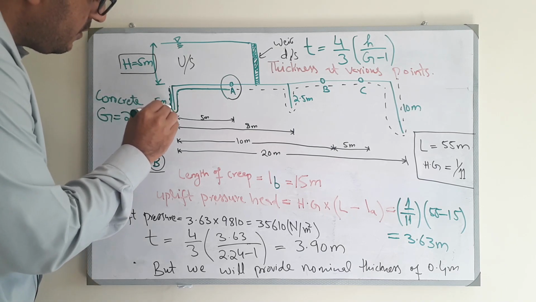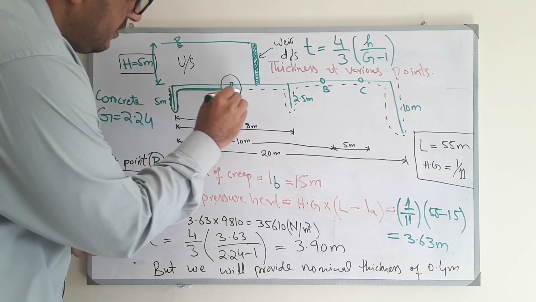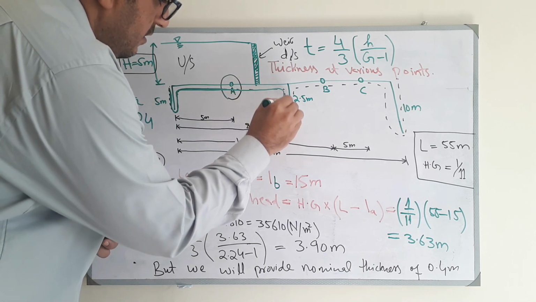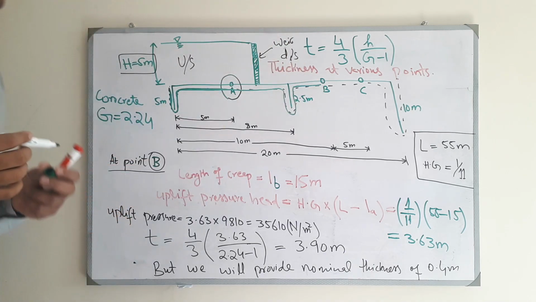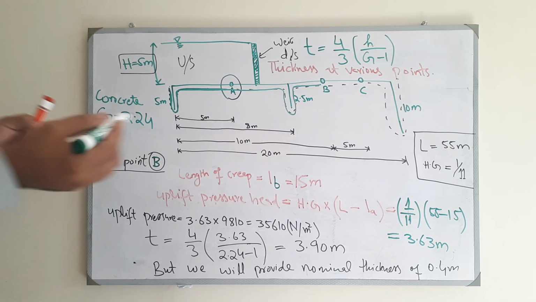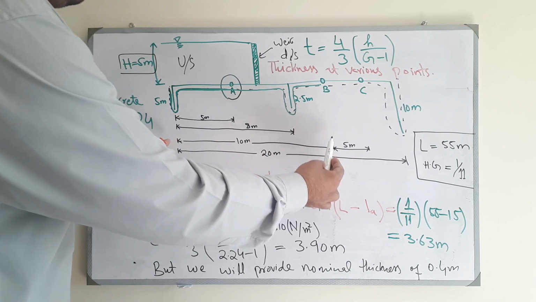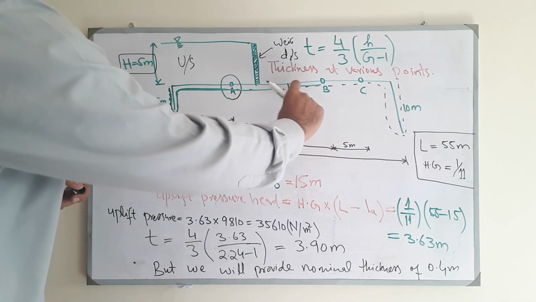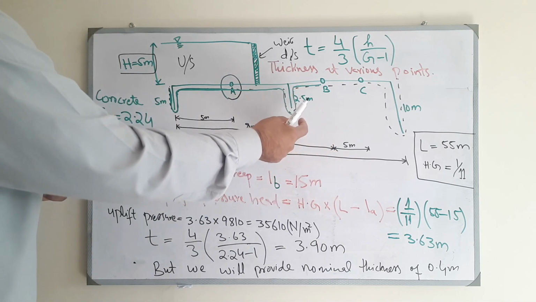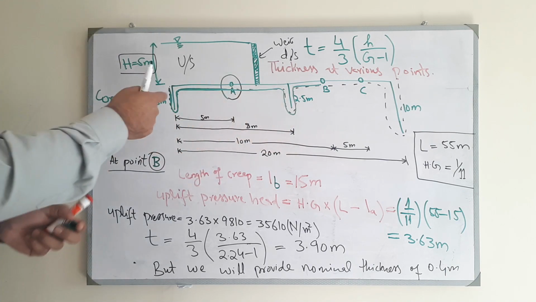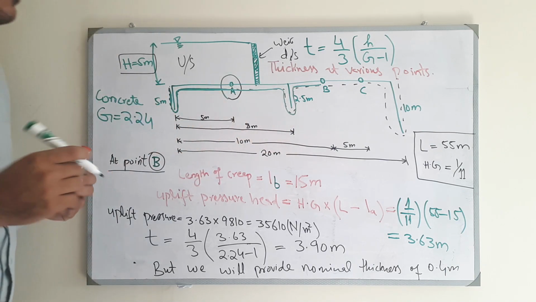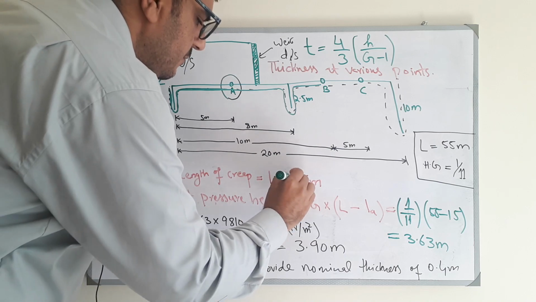This will go from here, here, here. So point B. You can see the horizontal distance up to point B is now 10, plus you add 2.5 plus 2.5, 15, and then 5 and 5, 10. So it will be 25 meter.